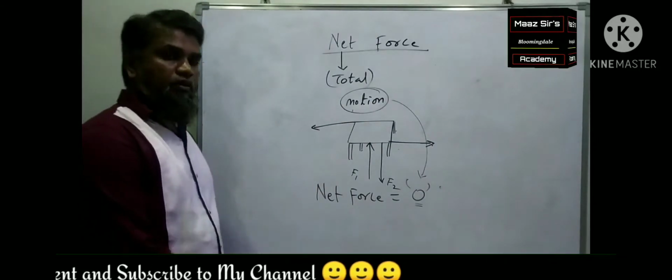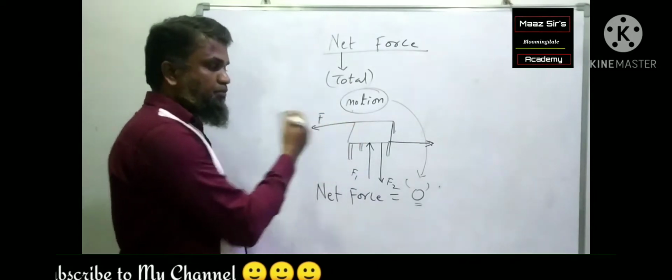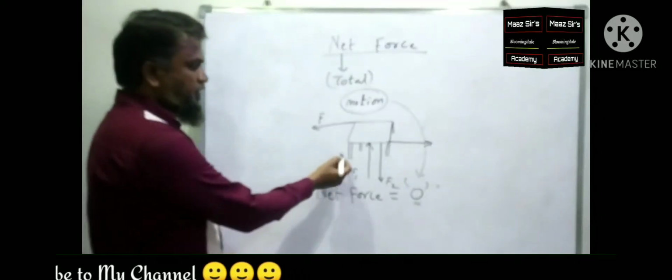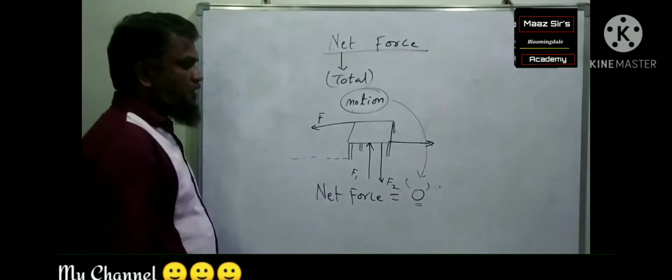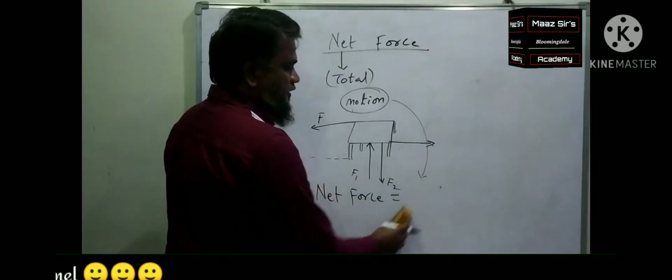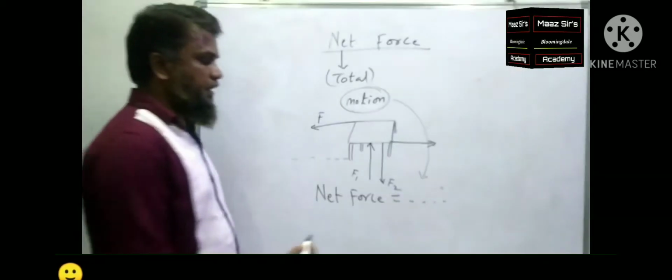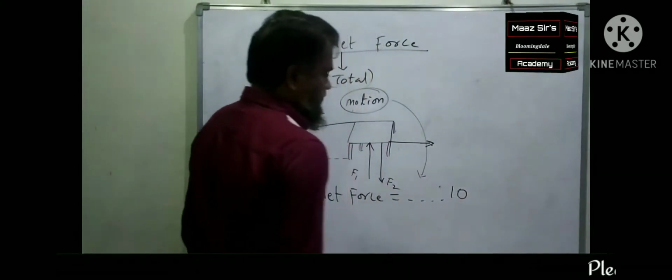So depending on the force, if the main force, capital force, is more, what happens? The object will move fast. So now the net force will be some value greater than 0. Let us take it as 10.